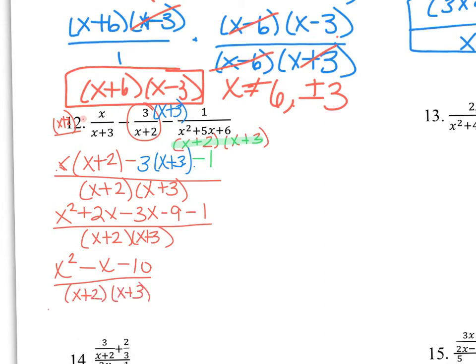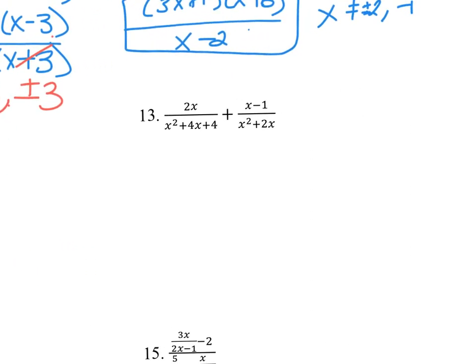So before I circle this as my answer, I have to make sure the numerator can't be factored. If I think about factors of 10 that make -1, there aren't any, so I'm done. So now if I state my restrictions, x cannot equal -2 and -3.